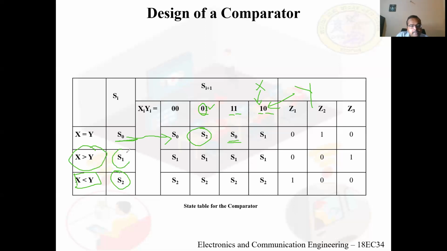S1. So if the present state is S0 and the input X is 1 and Y is 0, the next state will be S1 here. Right? And since X is equal to Y, as I said from the diagram, we know that Z2 will be set to 1 when X is equal to Y, so this will be equal to 1.